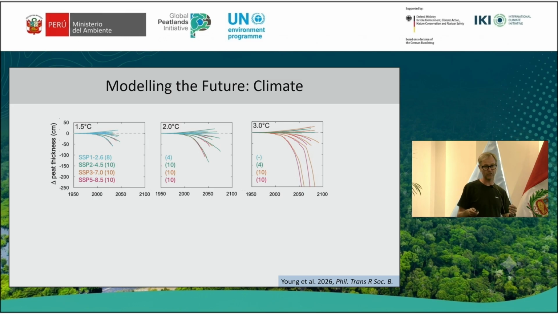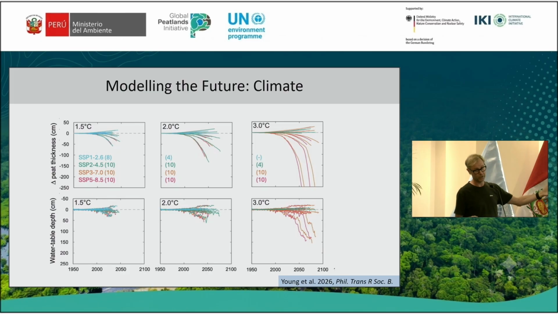And that's because in Central Africa there is no consistency in what the climate will do going forwards. Some models show a wetting, some models show a drying. But what we do see when we look at this going forward with very high emissions into the future and very high warming is that the likelihood of catastrophic loss of the peatlands increases with increasing warming.